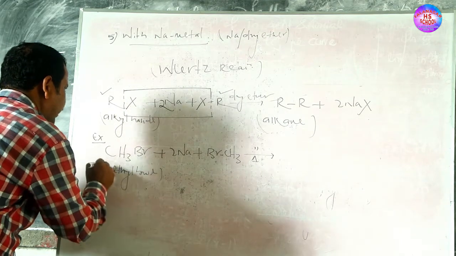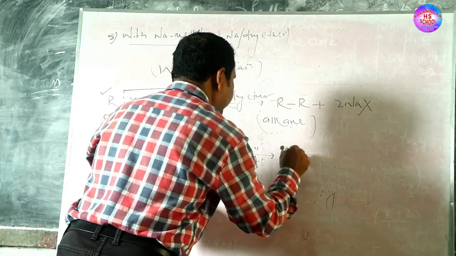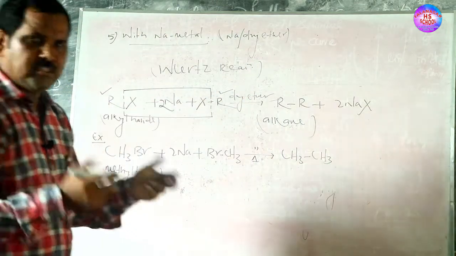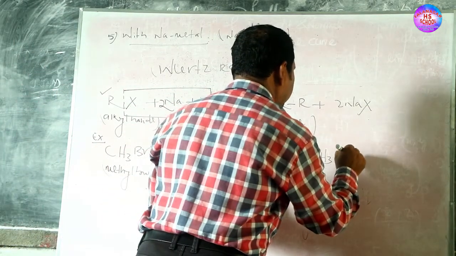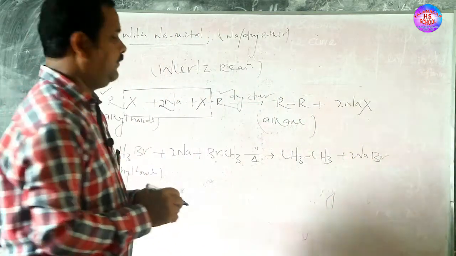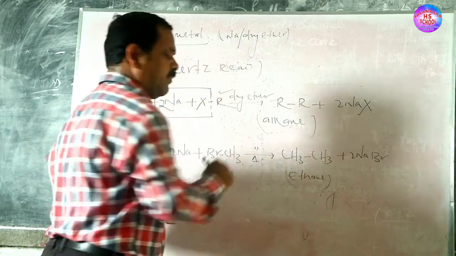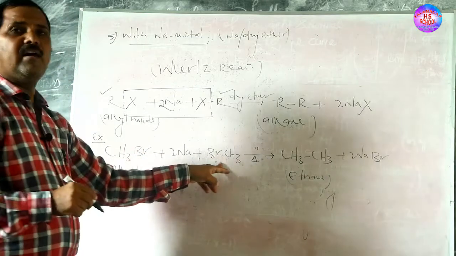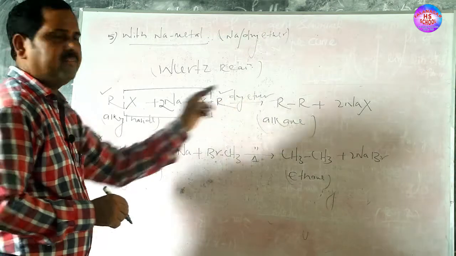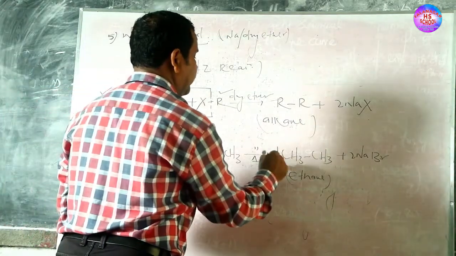We get CH3–CH3 plus 2 sodium bromide. That is ethane. That means two molecules of alkyl halides react with sodium metal in presence of dry ether to produce ethane.